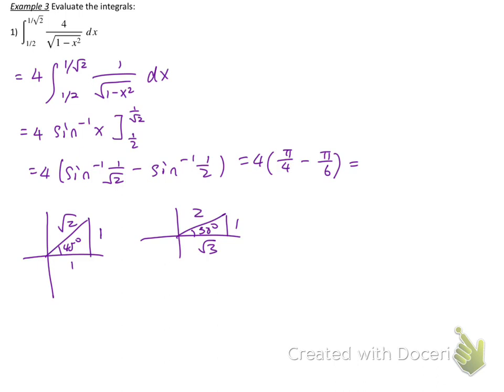So this is pi times 12, 3 pi minus 2 pi. Oh sorry, I meant 4 here. So we have 4 times pi over 12, or pi over 3.